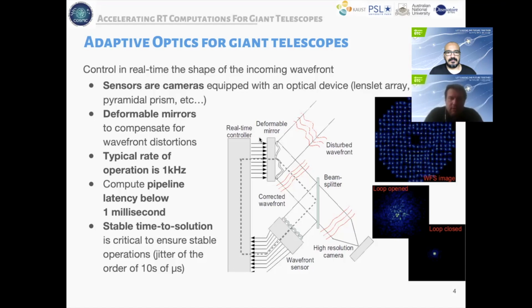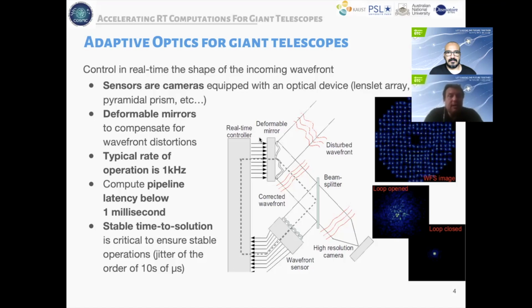So there is a central system to this, which is called a real-time controller that is responsible for acquiring data out of the wavefront sensor, interpreting this information, and computing commands to apply to the actuators of this deformable mirror. The typical rate of operation for the adaptive optics system is about 1 kilohertz.